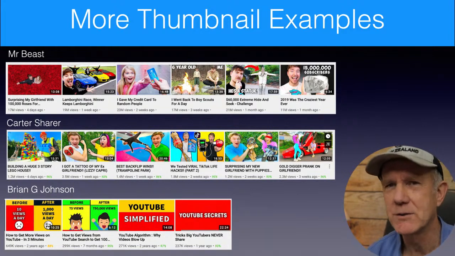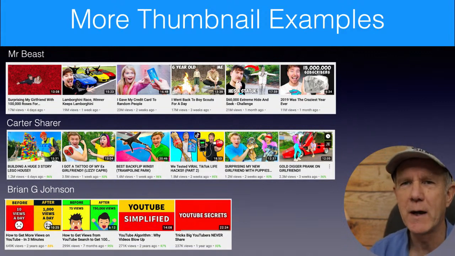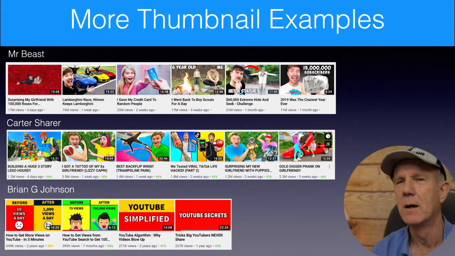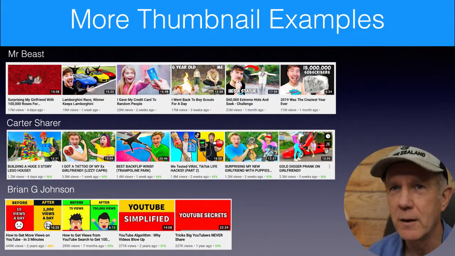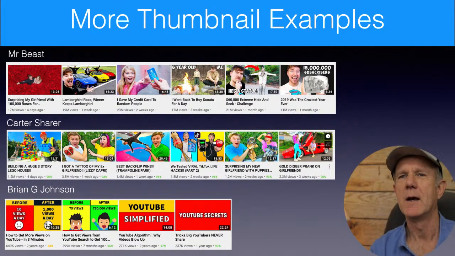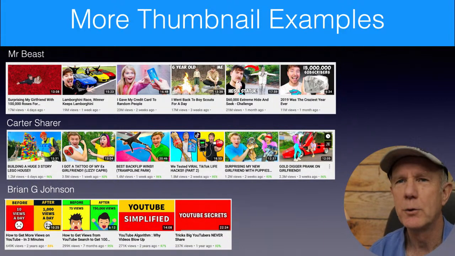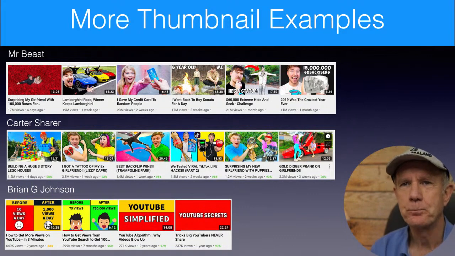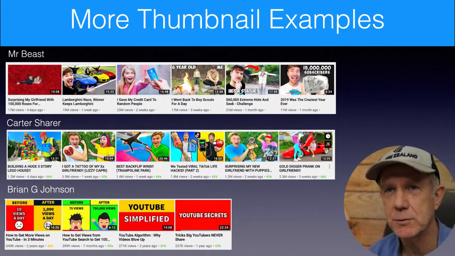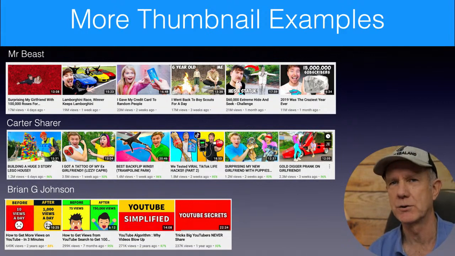The reason that it stands out is because probably all the other thumbnails are much more fancy, much more complicated, probably have a lot more elements in them. So he's got this bright red background and then white text, so immediately your eye is drawn to that particular thumbnail. And then the title says, Tricks Big YouTubers Never Share. So that also makes you curious.